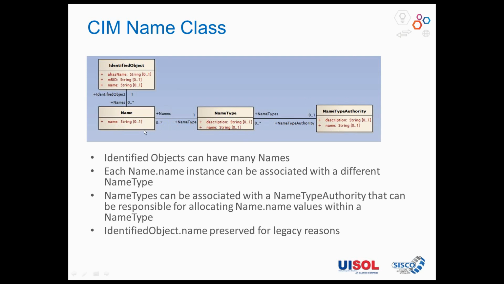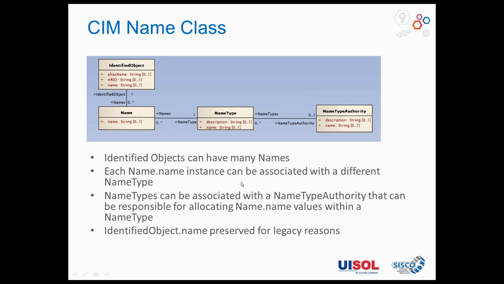Name type, maybe that M12345 is a meter ID. The name type authority is the entity that gave it that name and maintains that name. So in this case, maybe that is the vendor for that particular meter or something.